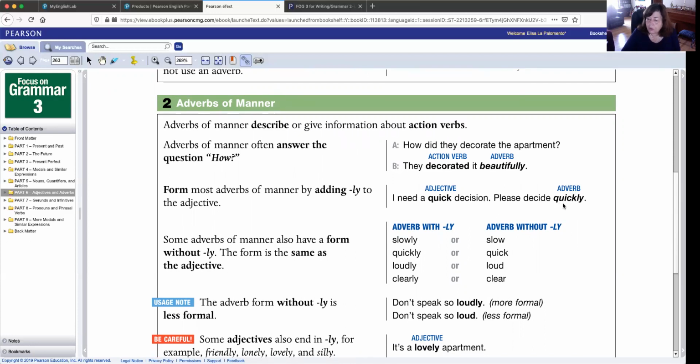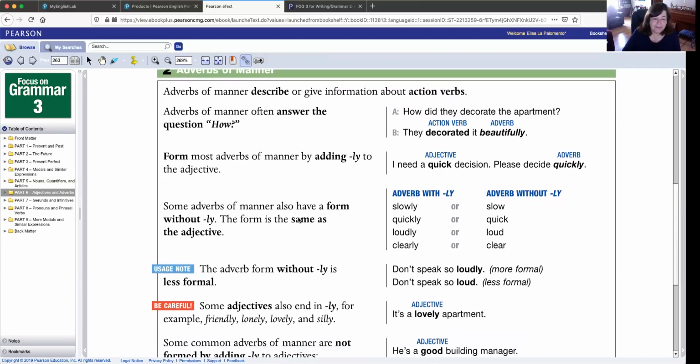In this case, the word quickly is describing decide. Okay, in what way do you want me to decide? How do you want me to decide? I want you to decide quickly. Let's go to the next one. Some adverbs of manner also have a form without ly. The form is the same as the adjective.